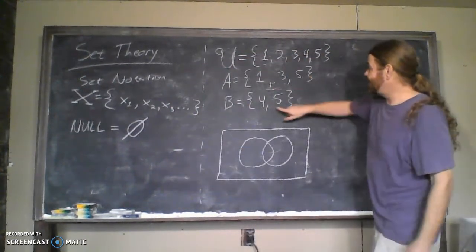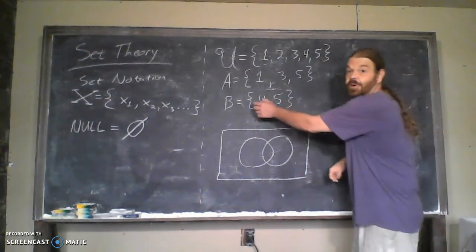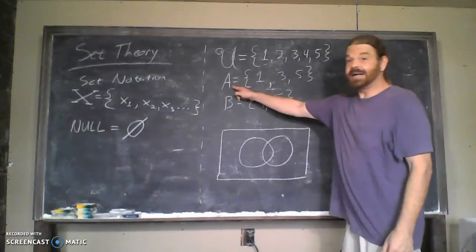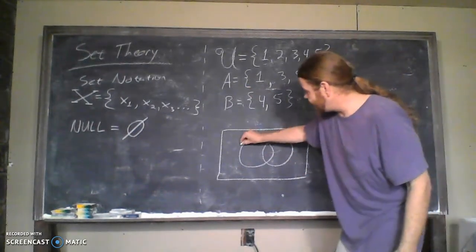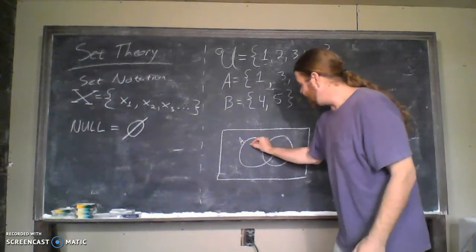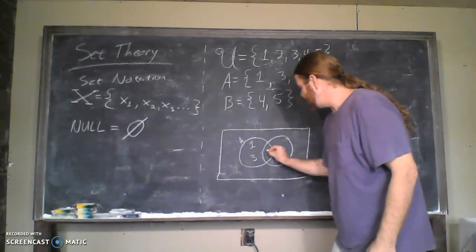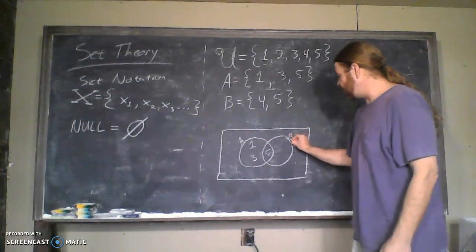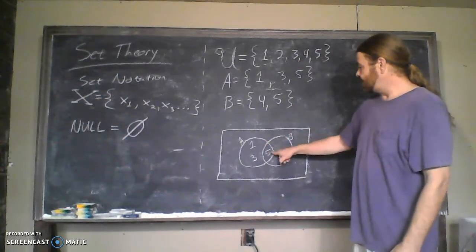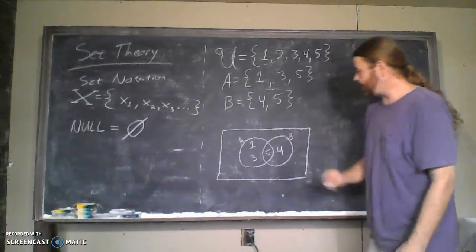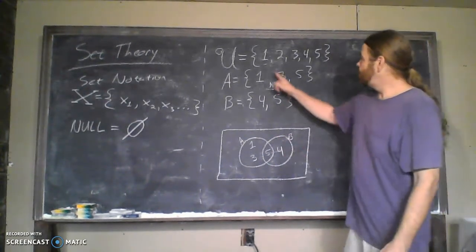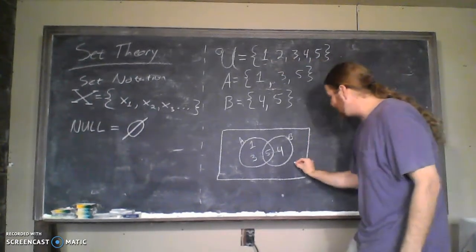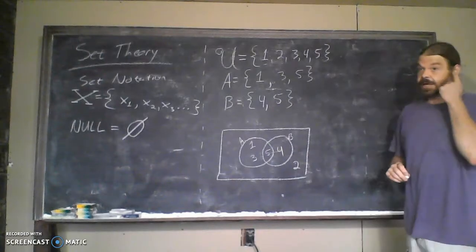Sorry, I'm making this up as I go along. So set A is our odd numbers: we have a 1, a 3, and a 5. And over here in this bubble, that'll be set B, which has a 5 and a 4 in it. And our entire universe of numbers also has a 2, so that's out here outside of everything.